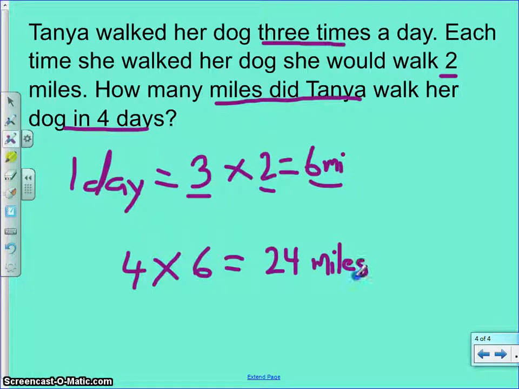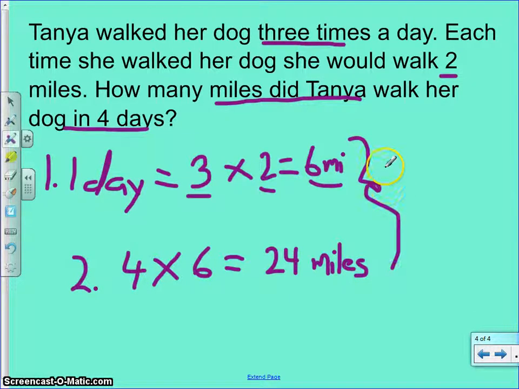As you can see in this word problem, we first had to solve what she walked in one day before we could solve what she walked in 4 days. This is one of those multiplication sentences with 3 factors.